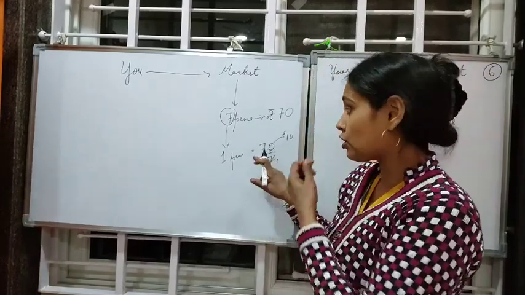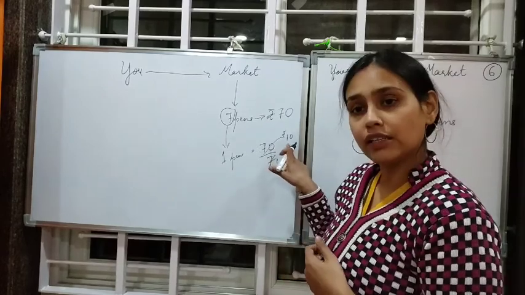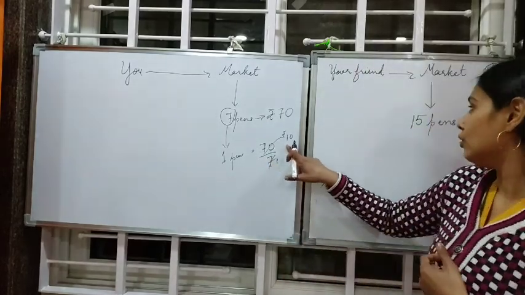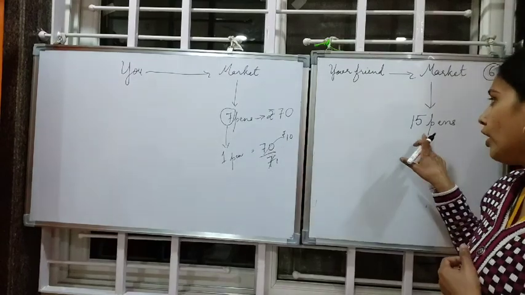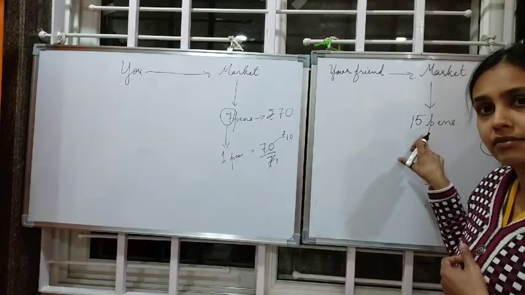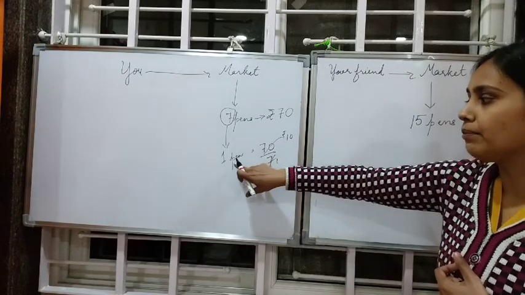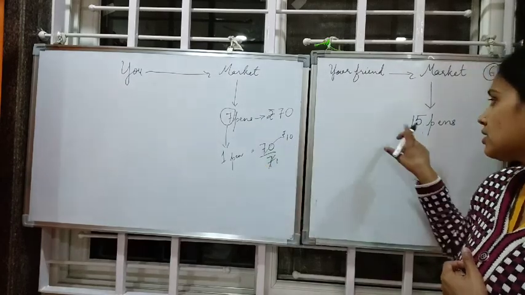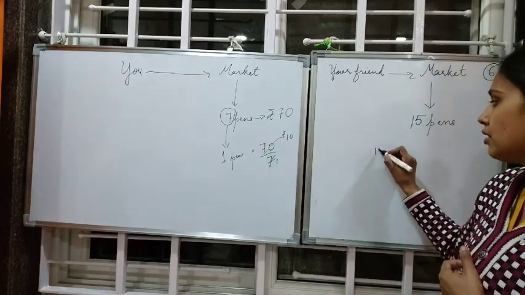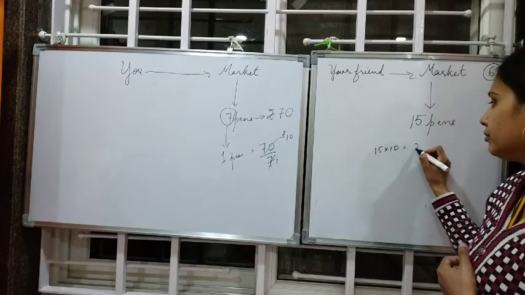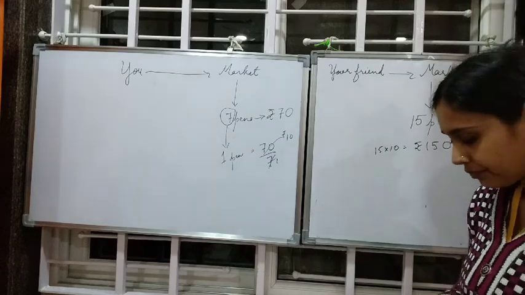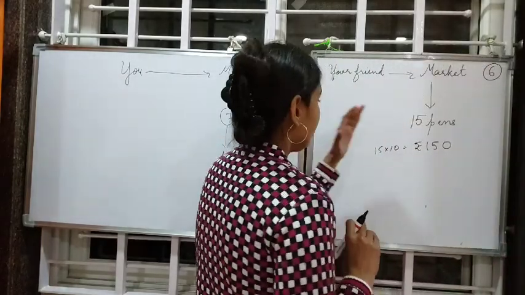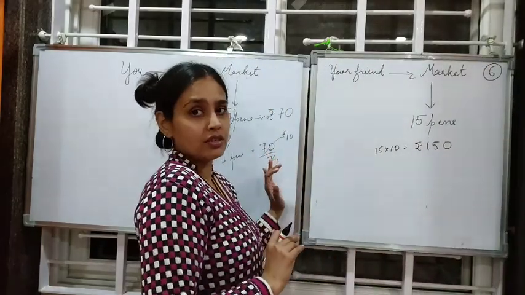So the cost of 1 pen is rupees 10. Now, if the cost of 1 pen is rupees 10, what will be the cost of 15 pens? 15 into 10, rupees 150, right?